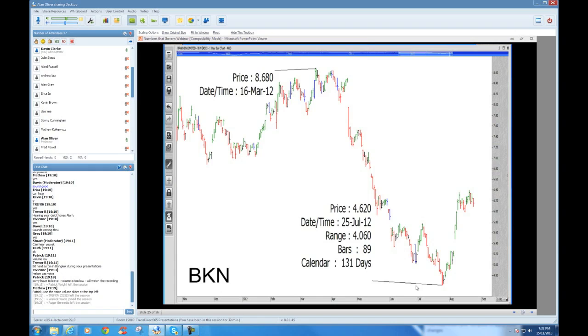Now this screenshot we're looking at is a stock called Bradford Kendall, or Bradken, in Australia. You can see that it made a major top on 16 March 2012 at a price of $8.68. If you remember the previous screenshot where Gann had those numbers coming back, we'll just go back to that chart very quickly.